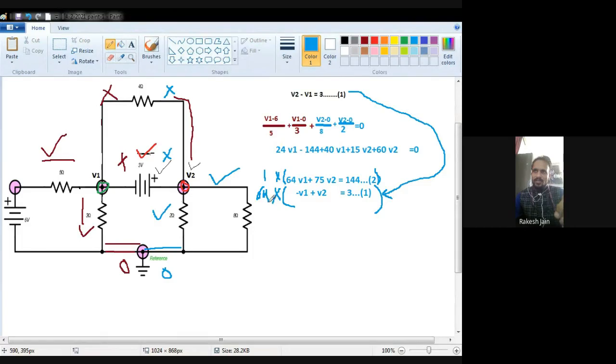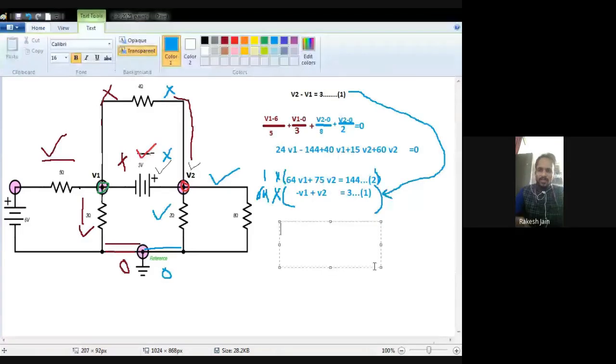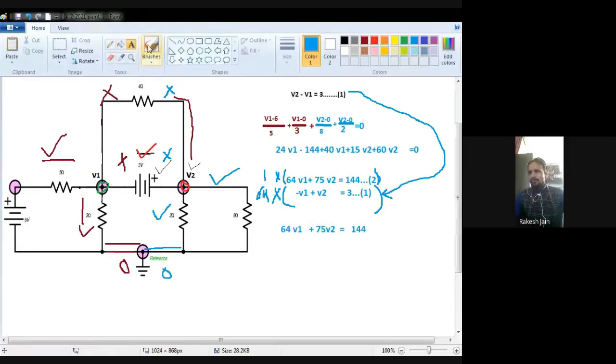When this second equation is multiplied by 1, it will be the same: 64 V1 plus 75 V2 is equal to 144 multiplied by 1, that will be 144.